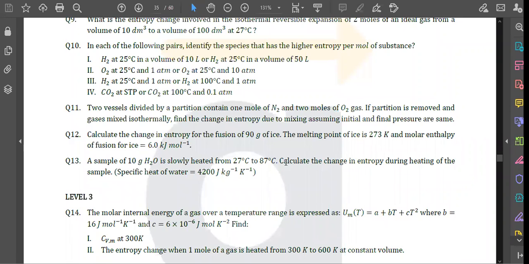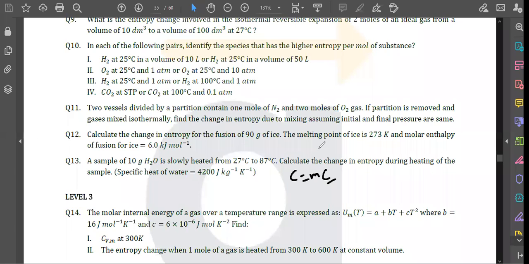Now the only difference in 13 is instead of Cv or Cp, you have specific heat. So we know that heat capacity is equal to m into specific heat. So mass is given, specific heat is given, right? So you can calculate delta S, right everyone?